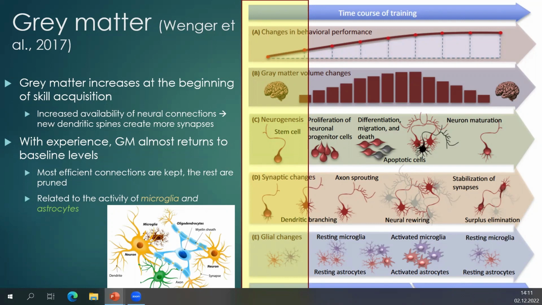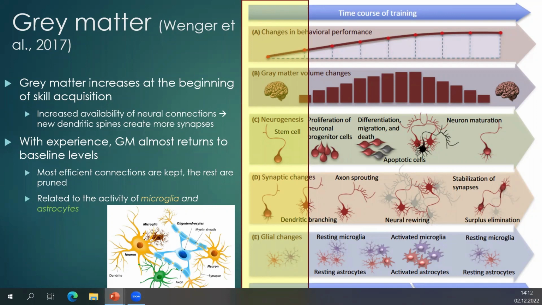So at the beginning of skill acquisition, you have this growth, which is underlined by increased availability of connections between the different neurons in this part of the brain. Why is that? Because you learn something new, and the brain tries to find the most efficient connections to undertake this task, right? So it creates as many connections as it can until it finds the most efficient, right?